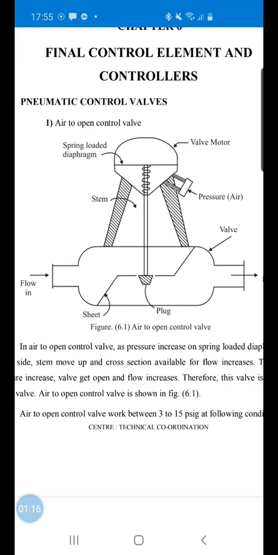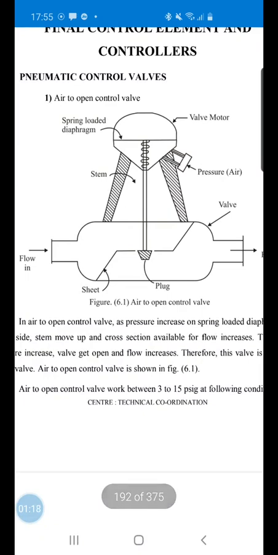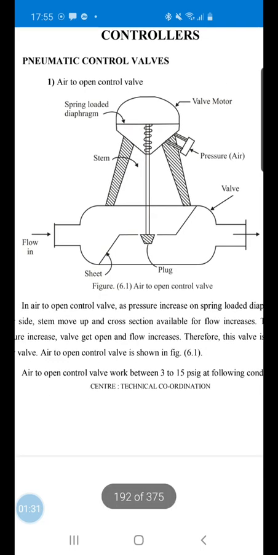In the air to open control valve, the pressure is increased from the lower side. So you can see the inlet pressure from the bottom side. This pressure is applied on the spring loaded diaphragm, so the diaphragm moves up. It is connected through the spring and the stem to the plug.